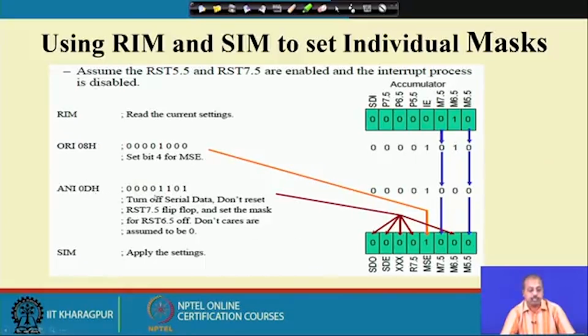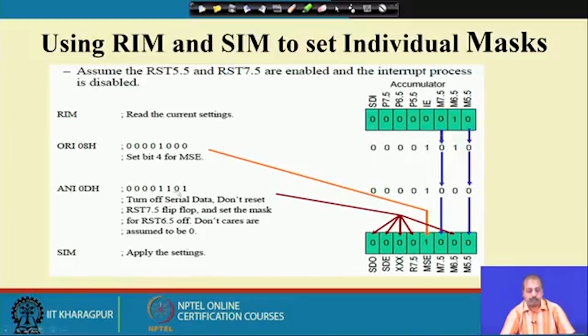When you do this, the serial data enable bit will be turned off, but we do not want to touch 7.5.